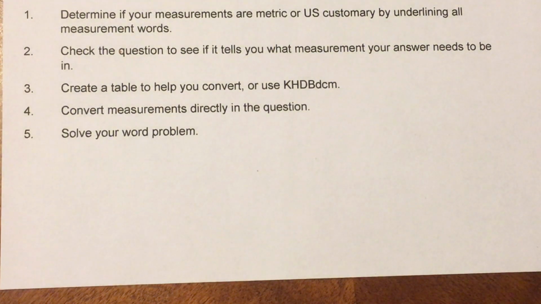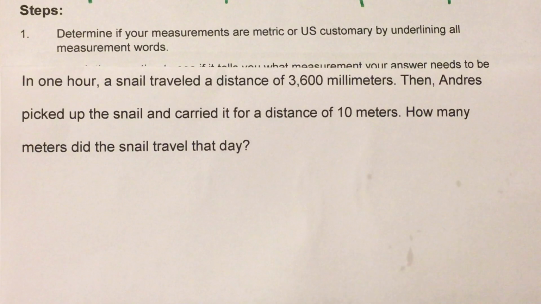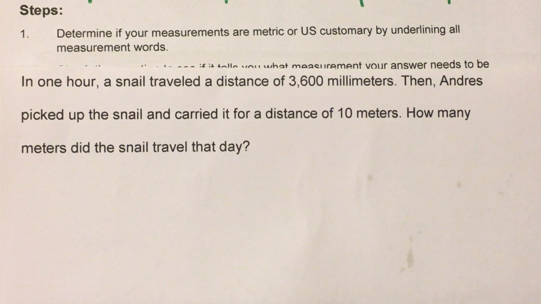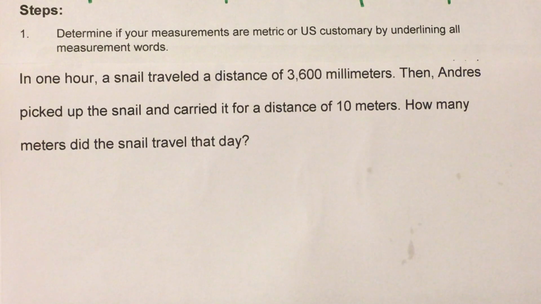Okay, so my first word problem is, in 1 hour, a snail traveled a distance of 3,600 millimeters. Then Andres picked up the snail and carried it for a distance of 10 meters. How many meters did the snail travel that day?